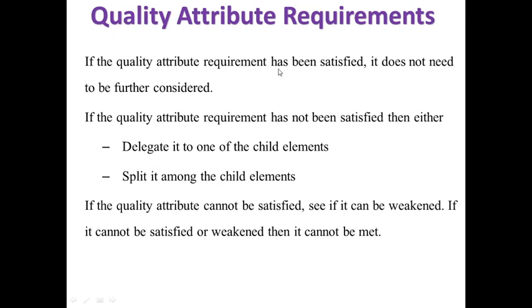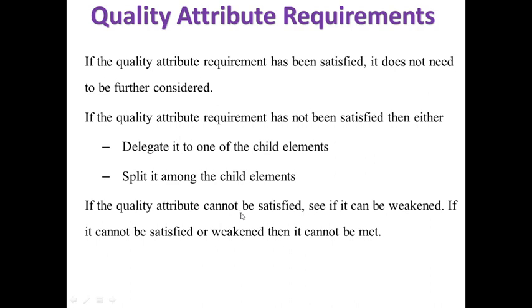Next, quality attribute requirements. If the quality attribute requirement has been satisfied, it does not need to be further considered. Okay. If it is not satisfied, either you can delegate it to one of the children or you can split it among the child elements.